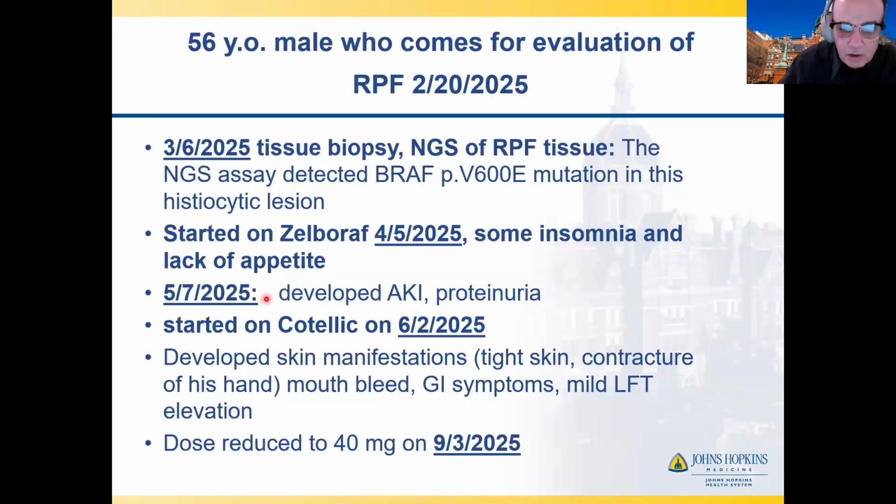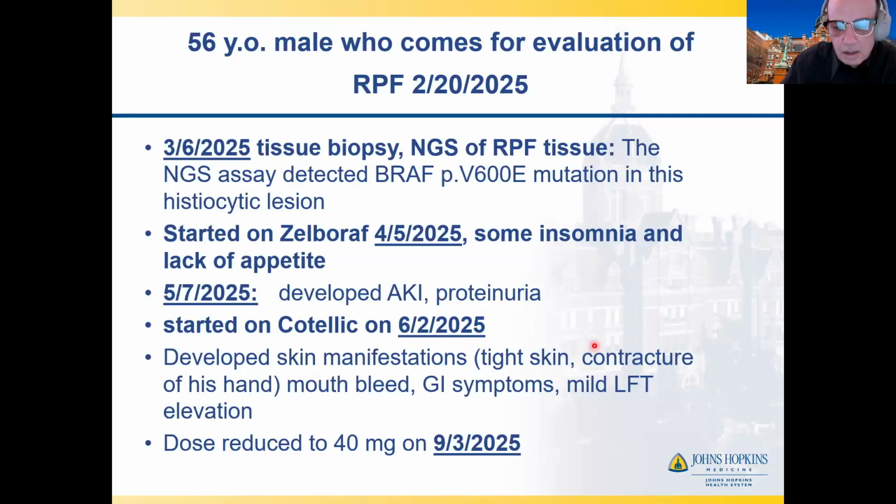The kidney function really went bad, his creatinine went from 0.6 to 2, and he developed severe proteinuria as well, so protein leaking in the urine. So I had to stop the medication almost a month later, from April to May. And then I started him on a MEK inhibitor on June 2nd.